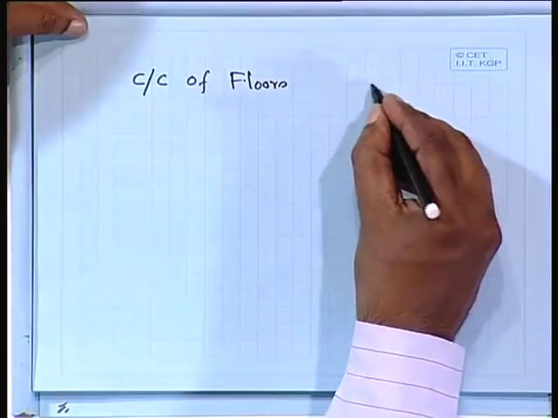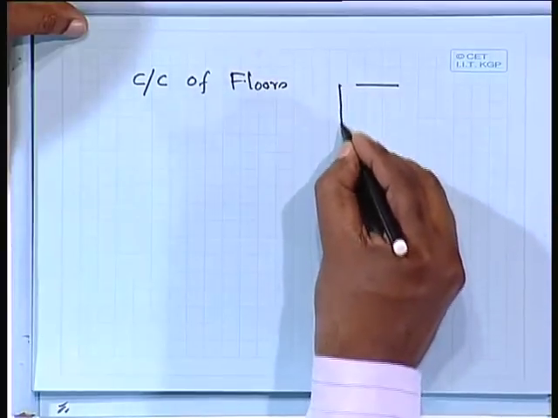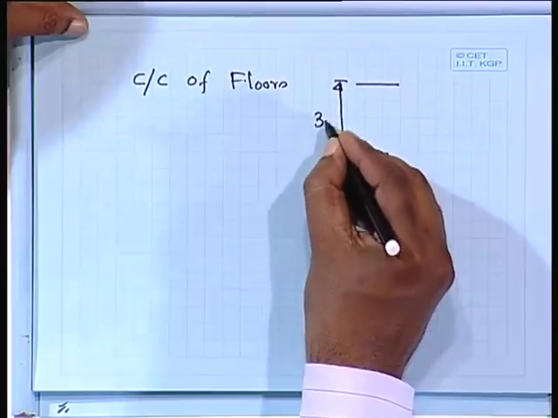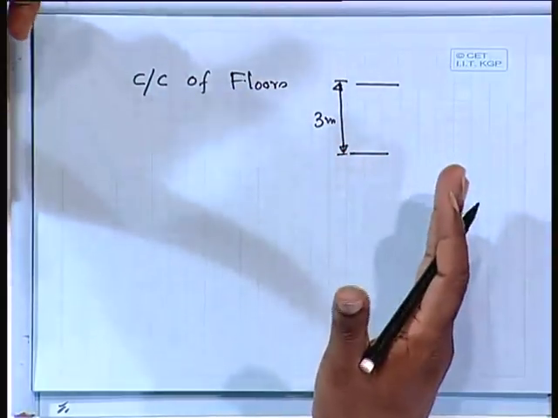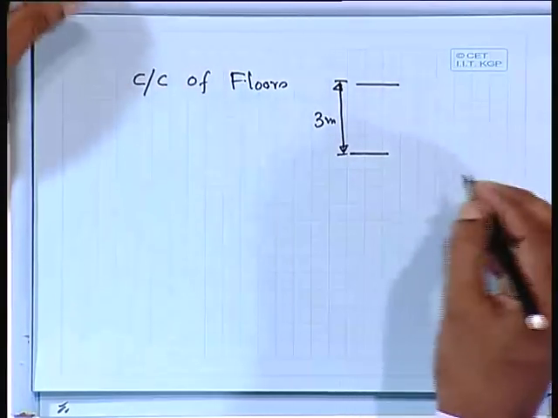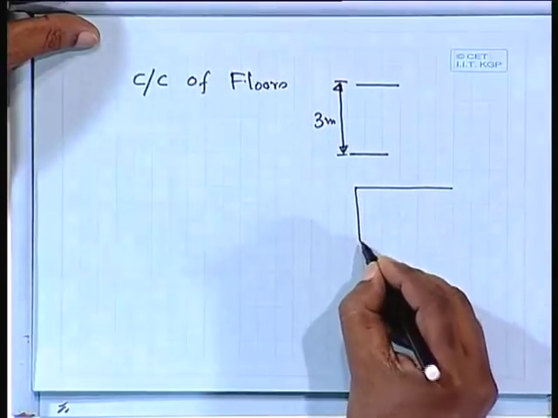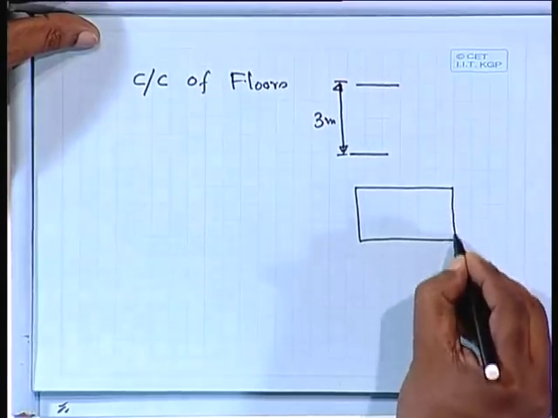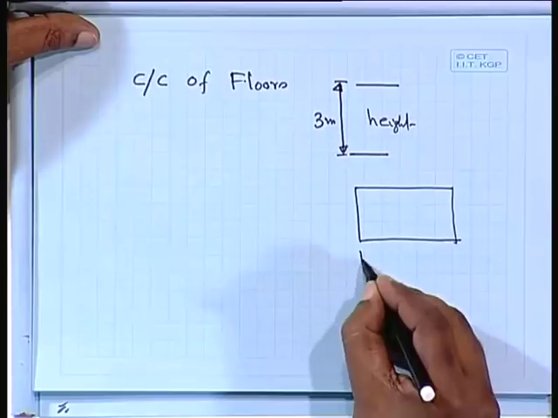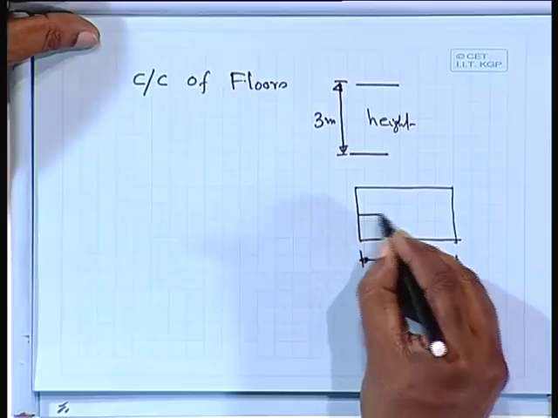That means if this is one floor and we have to go from this floor, the distance, this height, is very important. If it is 3 meter, accordingly we shall distribute. Similarly, we have the length, the size of the room where you have to accommodate the stairs. So if this is your height and this is your length, we have to accommodate here.